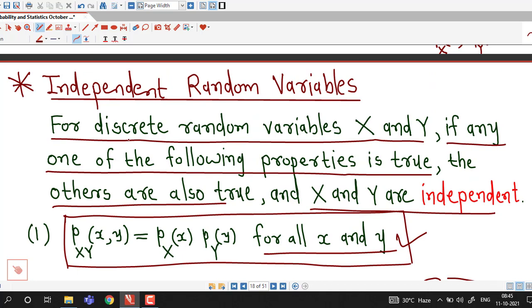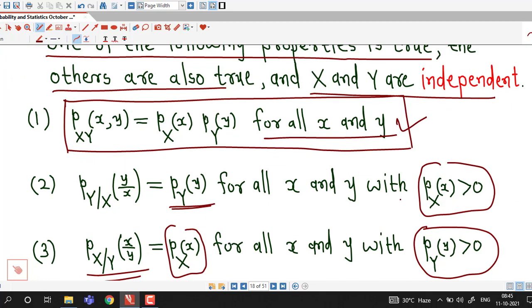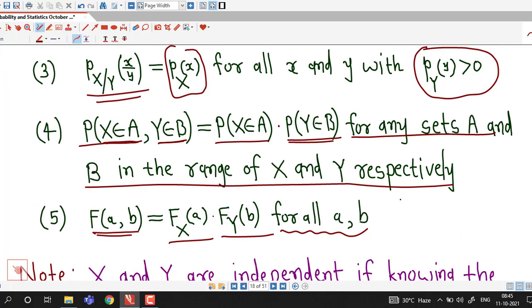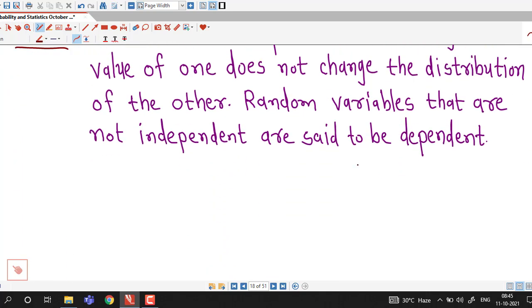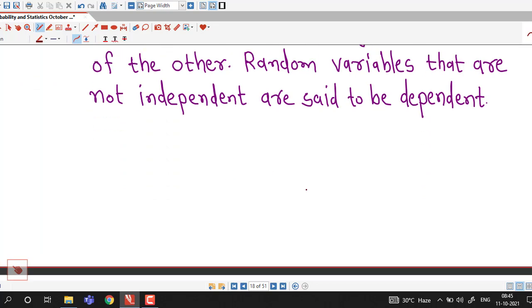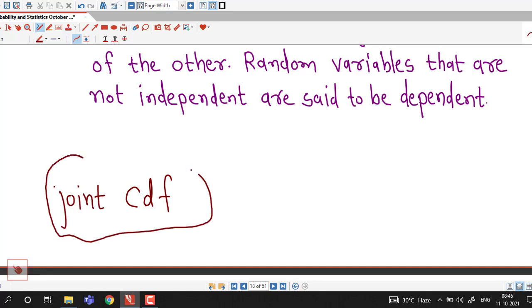If any one property is satisfied, then x and y are independent because all properties are equivalent. So we will remember these definitions of conditional probability mass functions, independent random variables, and joint CDF of x and y. And with this I conclude here.